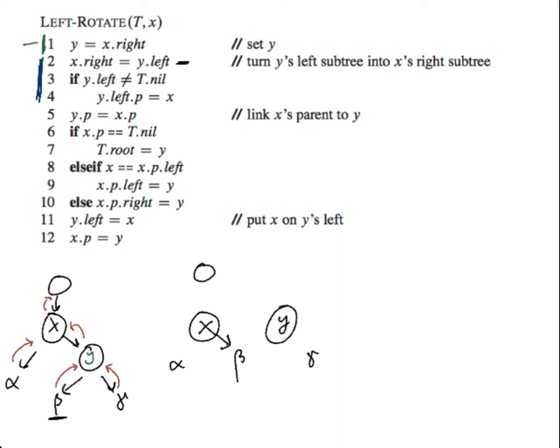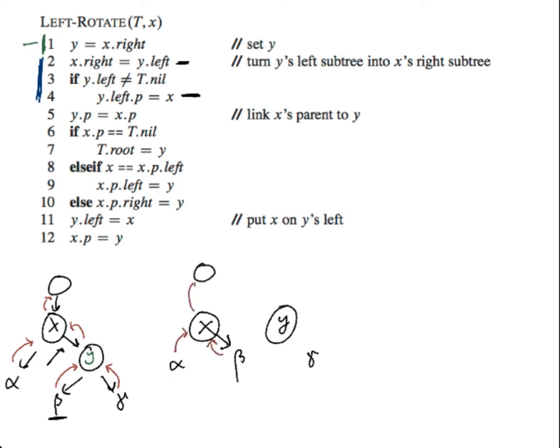So this link here has been broken, so that's gone. And if that one is not null, then we'll set its parent. The y.left's parent is now going to be x. And nothing else changes.